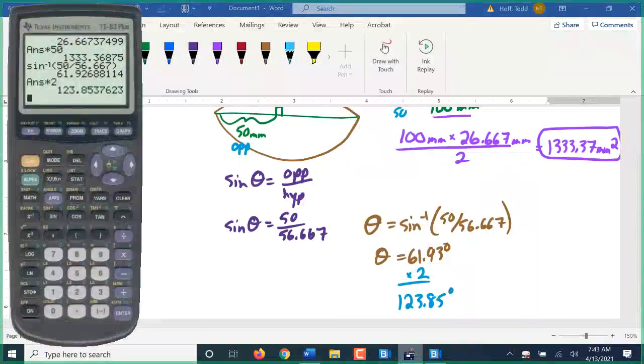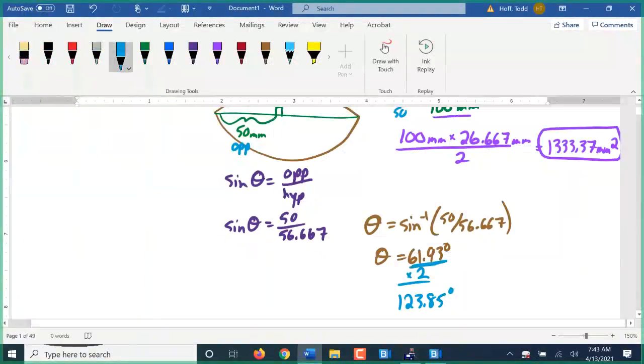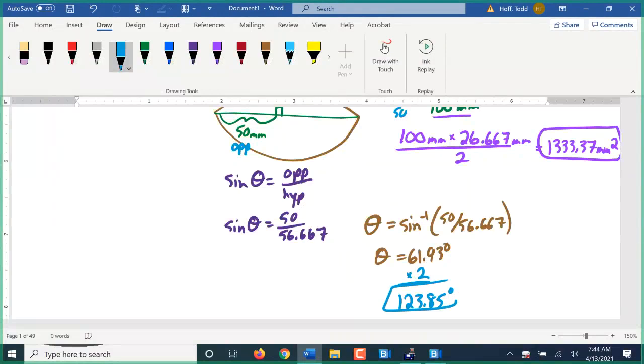Now the reason it was very important that I multiplied it without clearing the calculator is you'll notice it doesn't work out to be exact here. If I had typed the 61.93 back in and multiplied by 2, I would have been off by 1/100th of a degree. Not going to make a huge difference in our answer, but if you really want to be precise, try to keep that in your calculator and use it as much as you can so you don't have to write it down and type it back in.